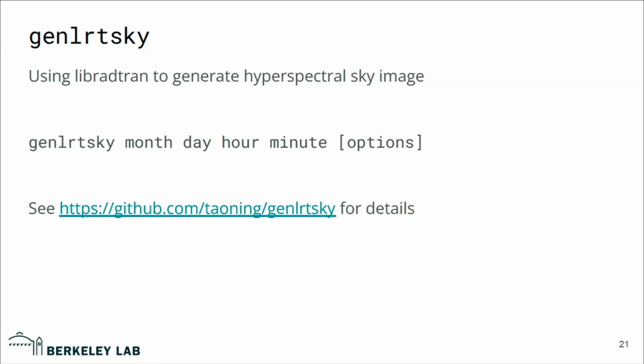And in the process of doing that, I developed this wrapper around the Libra-Trend process with a similar workflow, but you have to install your Libra-Trend first. So this is only calling that. And then it also generates the exact same thing that GenS Sky gives you, which is a hyperspectral image. And then you can use those and do comparisons side by side. That's it.